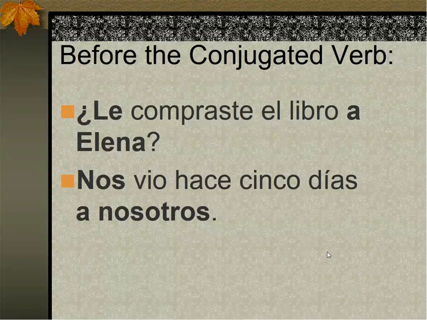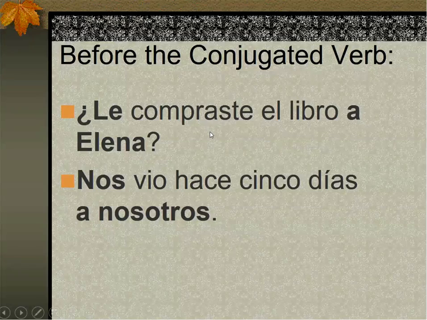Let's see some examples. Le compraste el libro a Elena. Did you buy the book to Elena? It's like, did you buy her the book? In this case, the her, did you buy her, would go before the conjugated verb. Another thing that is very different in Spanish is that although I have my indirect object pronoun here, I also state who is receiving the book, Elena.